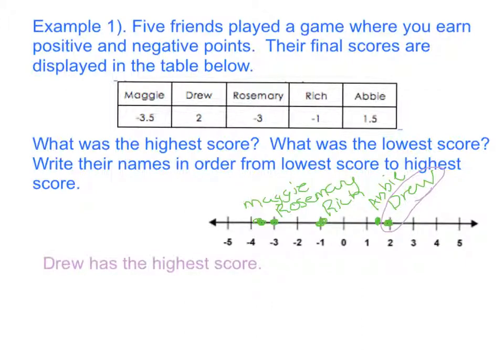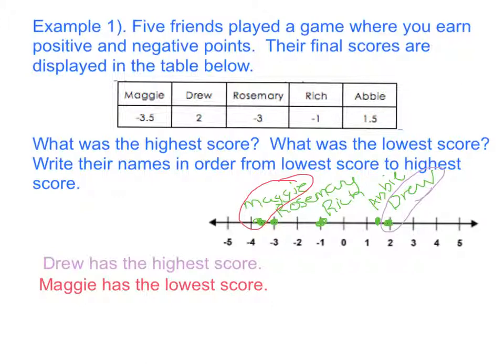So Drew has the highest score. Now let's find the lowest score. Again, the number line increases in value as you go from left to right. So the number all the way to the left would be my lowest score. The person all the way to the left is Maggie. So Maggie has the lowest score.